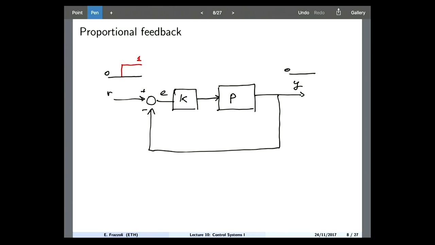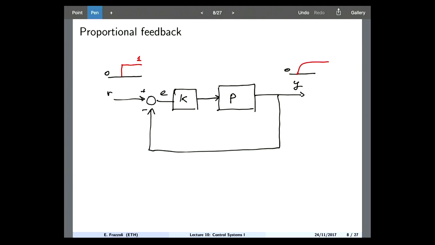I know that if the system is stable, the response at the output will not go crazy, will not go to 0. Will it oscillate? No, eventually this will not oscillate.